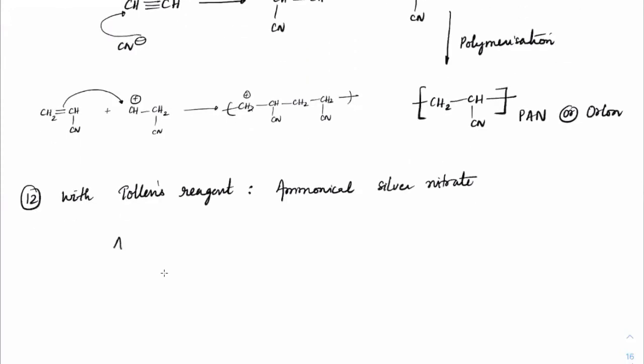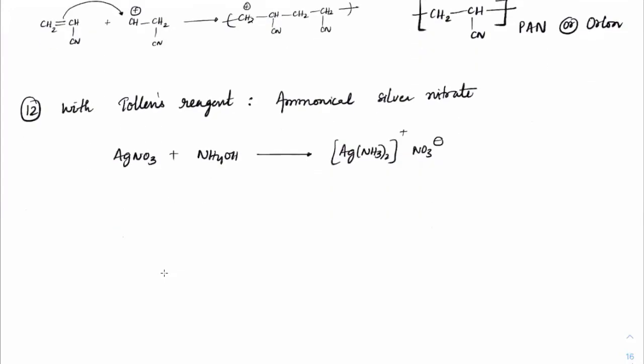Okay, so basically it is formed this way: AgNO3, when you treat that with ammonium hydroxide, will form a complex of Ag(NH3)2 plus and NO3 minus. This is called Tollens reagent. Correct. So what does Tollens reagent do?